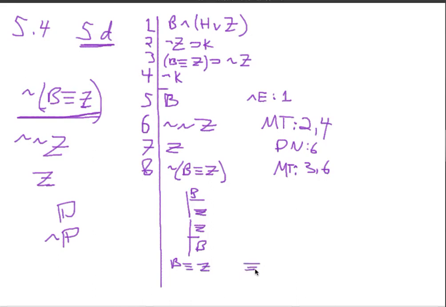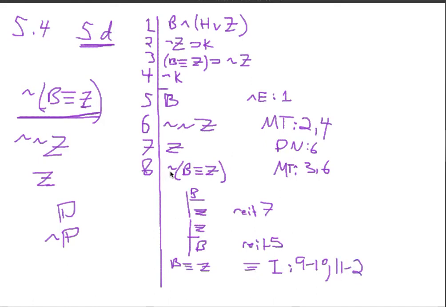To get biconditional introduction, citing these two subderivations. And with Z, I just need to use reiteration here, and I just need to use reiteration here for B. So this will have been from 7, and this will have been from line 5, and this will be lines 9 through 10, and 11 through 12.